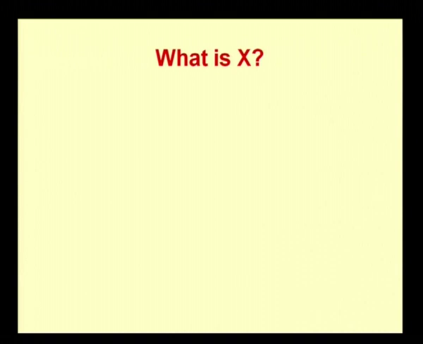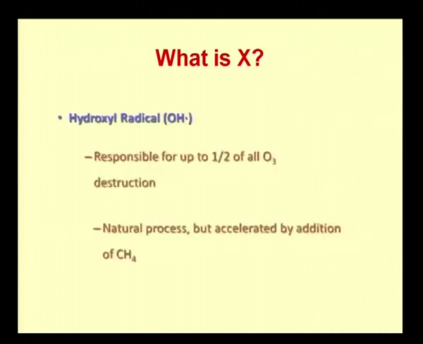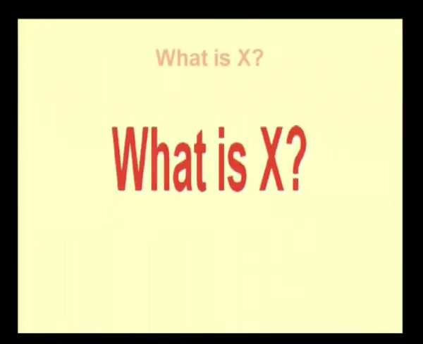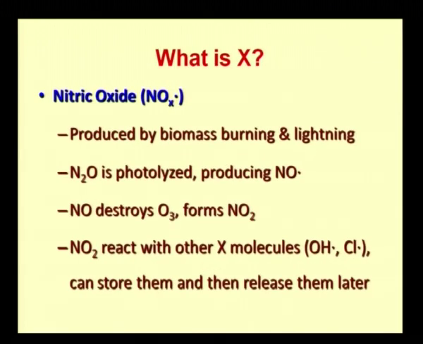And now what are the catalysts? Let us see. The first is the hydroxyl radical, OH, and it is responsible for half of the ozone depletion. It is a natural process, but it can be accelerated by the presence of methane, CH4, which is a greenhouse gas. And the second one is nitric oxide.